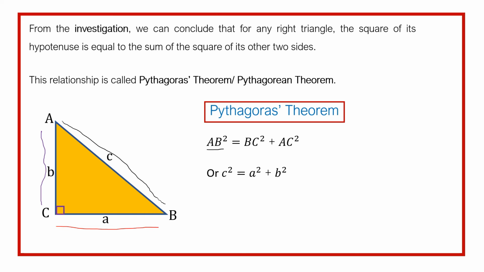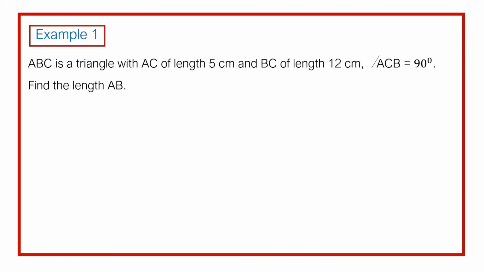And we can know that this is a right triangle when we see one of the angles of the triangle is 90 degrees. Okay? Now let us see how we can find the missing side of a right triangle.